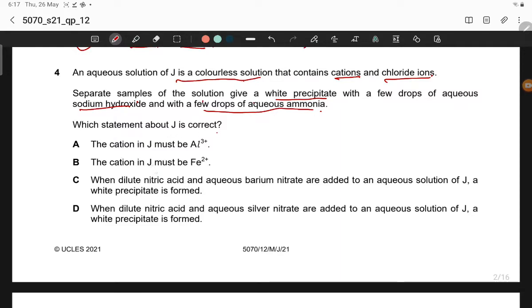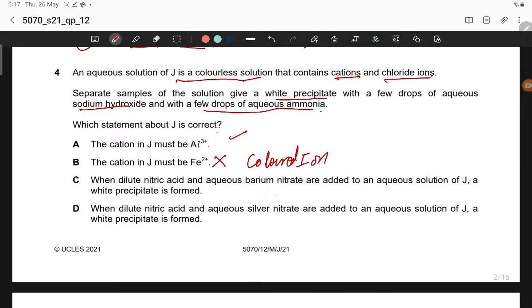The cation in J must be aluminum ions, so this is colorless. The cation in J must be iron 2. No, it is not, because iron 2 is a colored ion.